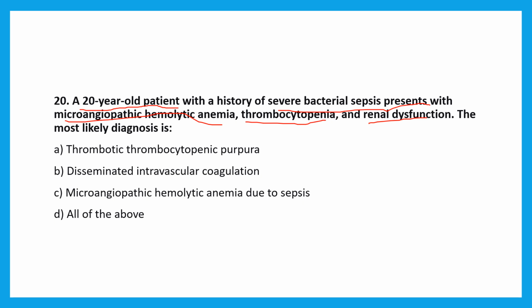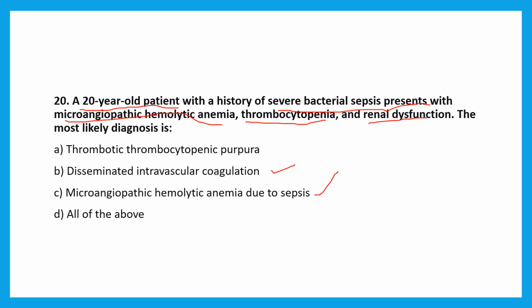First of all, severe sepsis can trigger disseminated intravascular coagulation, which is a classic cause of microangiopathic hemolytic anemia due to sepsis.